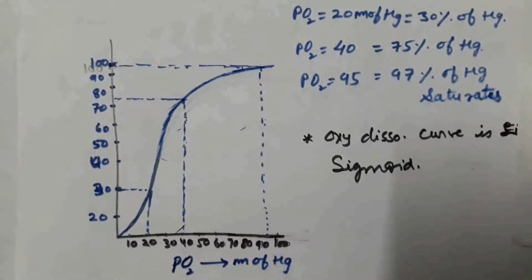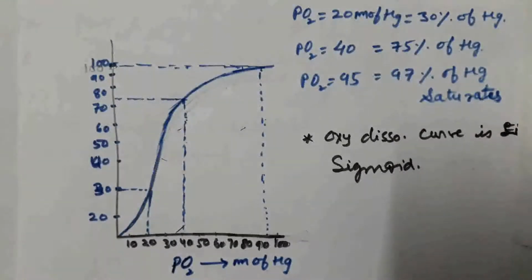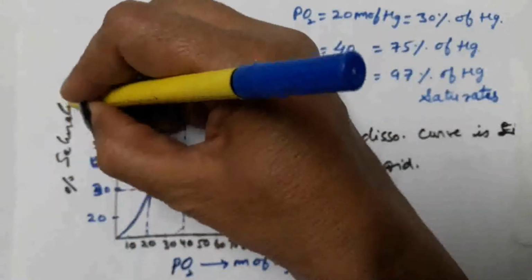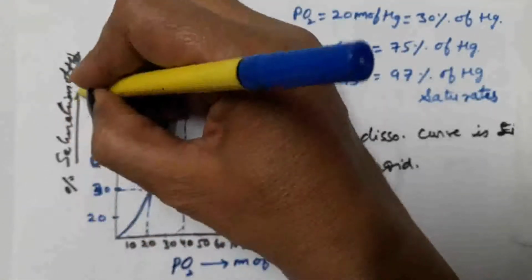That is partial pressure of oxygen. And on the other axis, the y-axis, we are showing the percent saturation of hemoglobin.